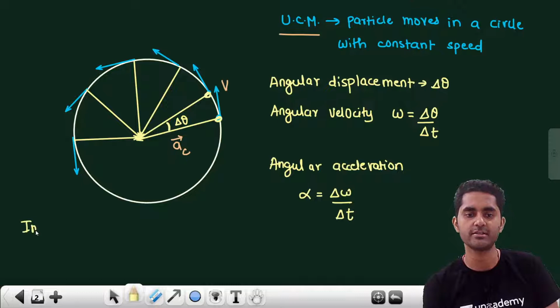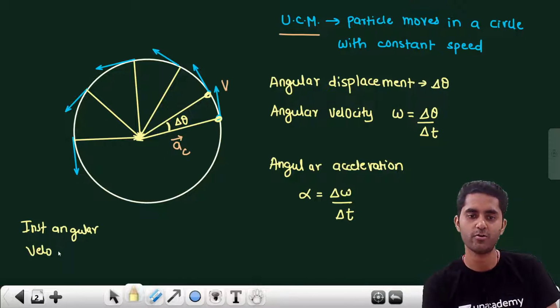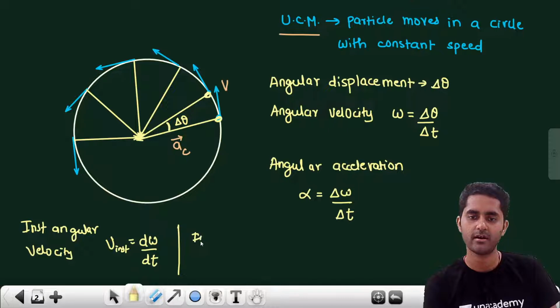If you want instantaneous angular velocity, and instantaneous angular acceleration alpha instantaneous is d omega by dt.